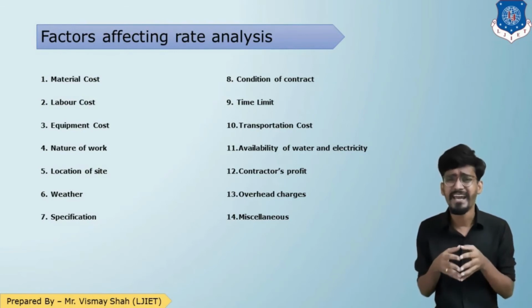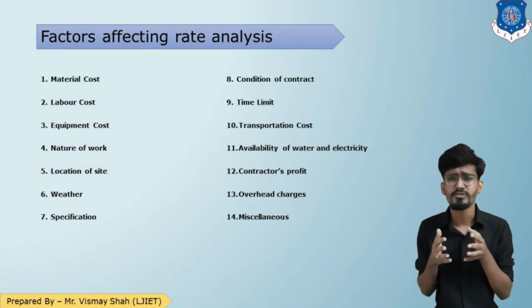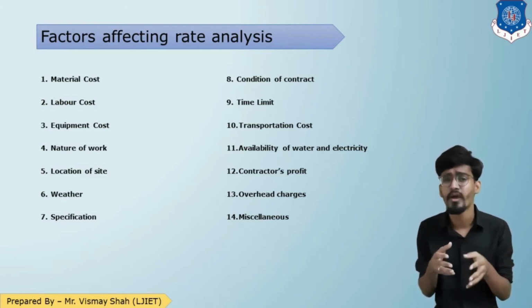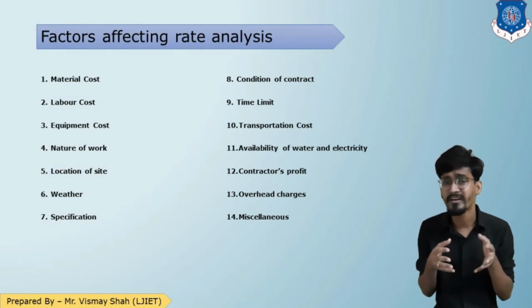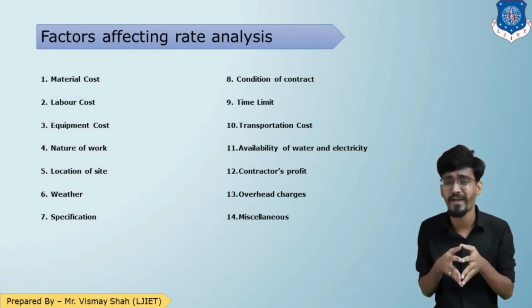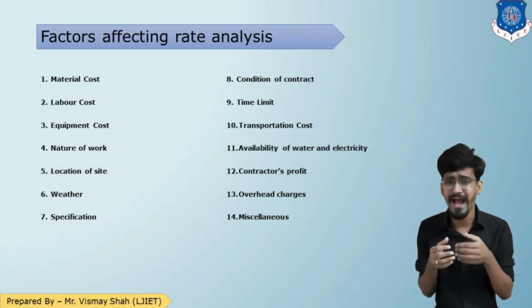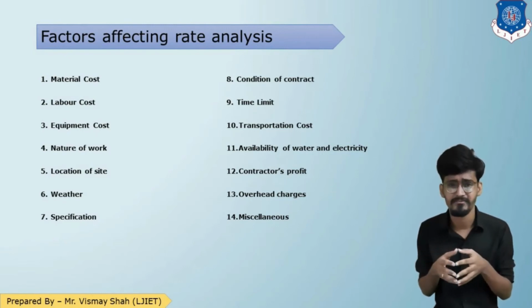If the conditions of the contract are framed very rigid or very tight, or every responsibility is on the shoulders of the contractor, then the rate is going to be high. I hope this is a point of common sense, so no further details are required for these two factors, specification and conditions of contract. If these two are very demanding, then the contractor is going to quote a high rate.